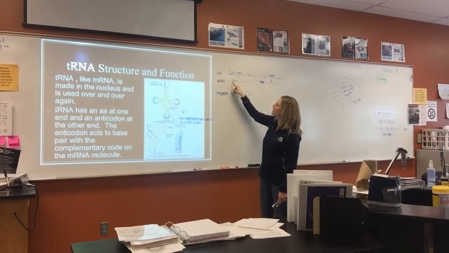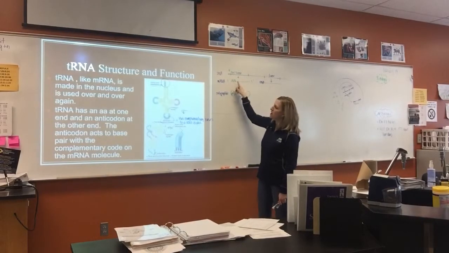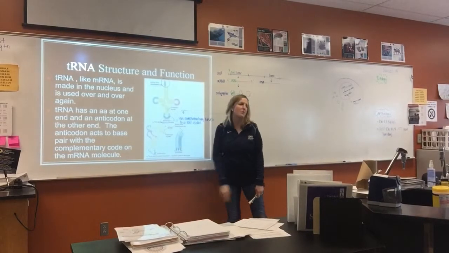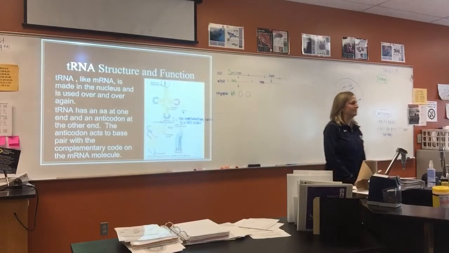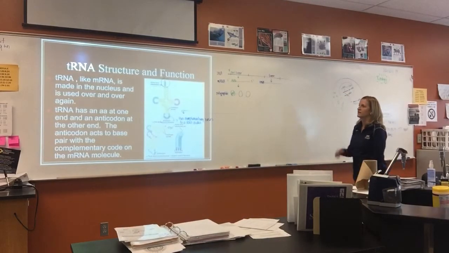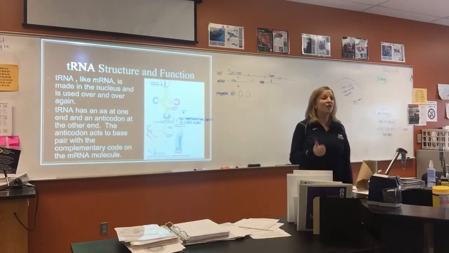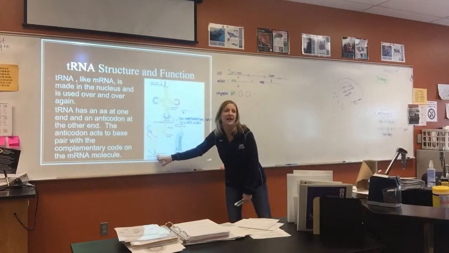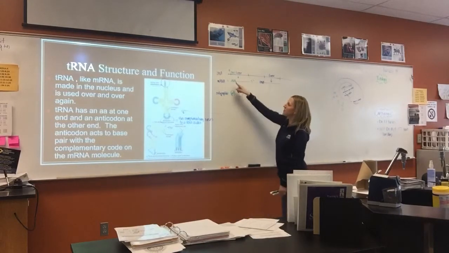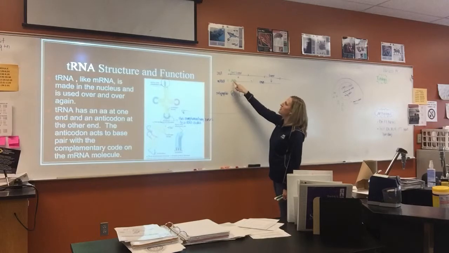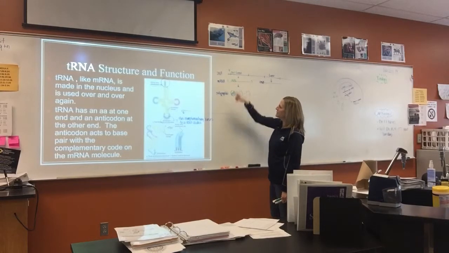So if the first codon is AUG, what would be the anticodon that would bind to that? It's going to be T? No, oh, one of my mistakes there. It's RNA. This is tRNA. So what goes with an A? A U. What goes with a U? An A. And what goes with a G?